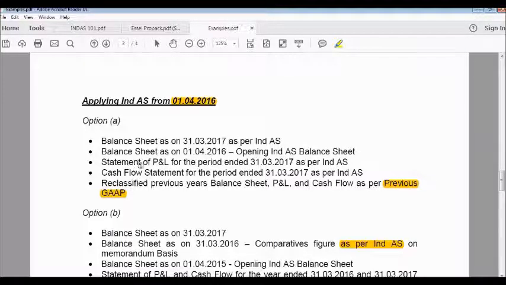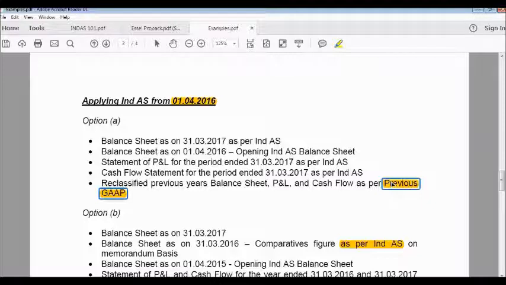And then prepare the statement of profit and loss for the period ended 31st March 2017 as per Ind AS. Then prepare the cash flow statement for the year ended 31st March 2017 as per the Ind AS, and then reclassify your previous year's balance sheet, profit or loss or cash flow figures as per the previous GAAP. So in this you have to just reclassify, not apply the Ind AS to the previous year financial statements.